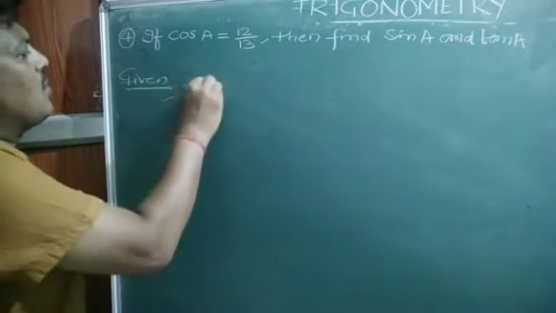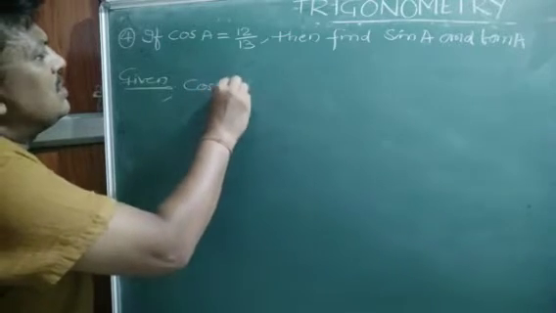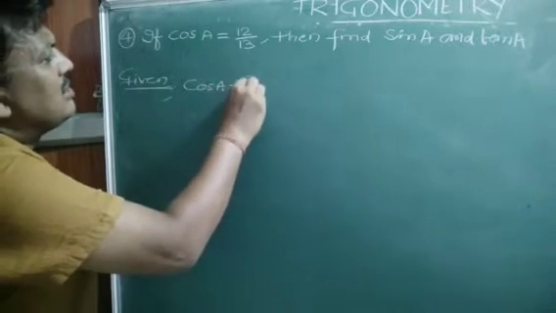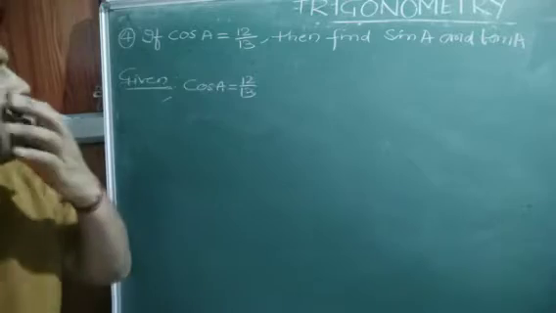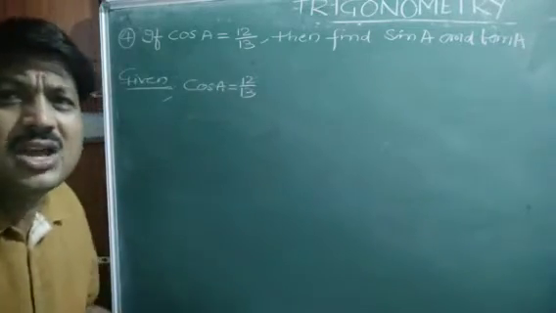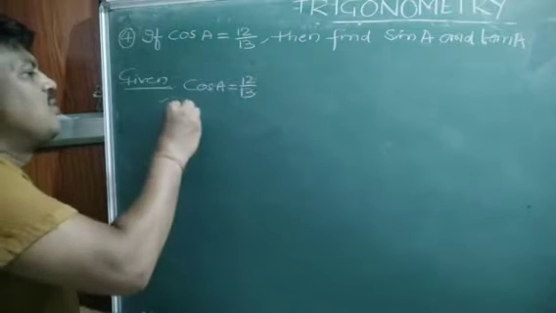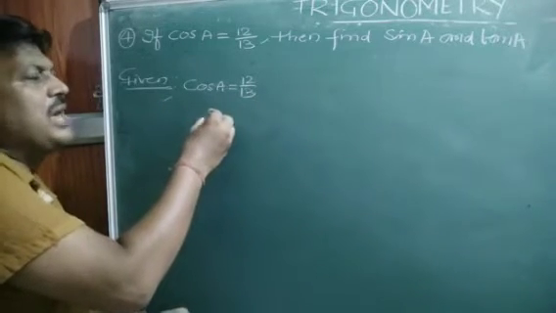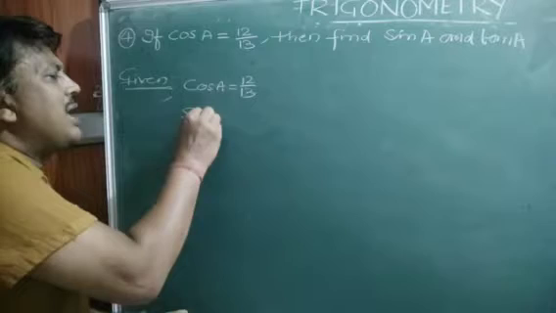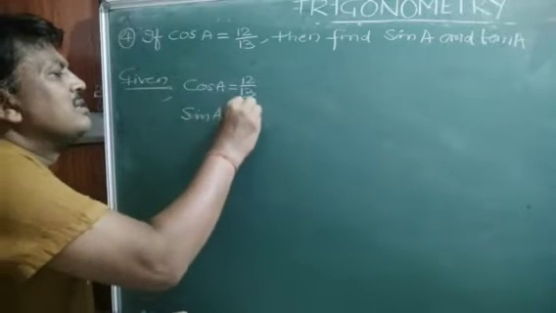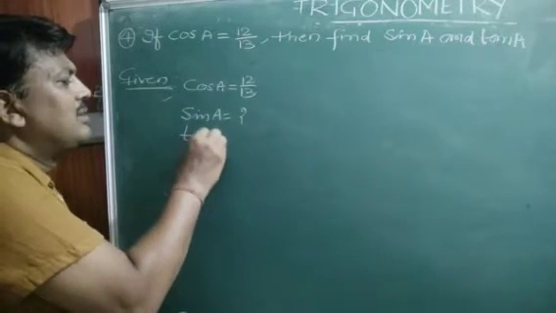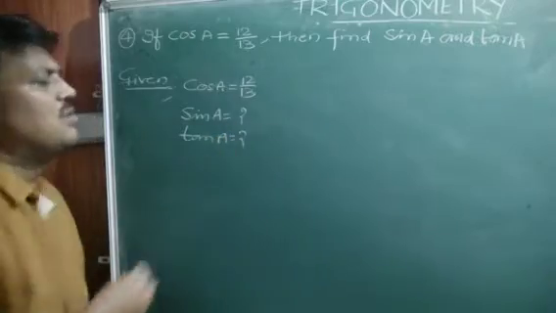Cos A is equal to 12 upon 13. What you have to find out? Sin A and tan A. So we have to find the value of sin A and tan A. So sin A is equal to question mark, tan A is equal to question mark.